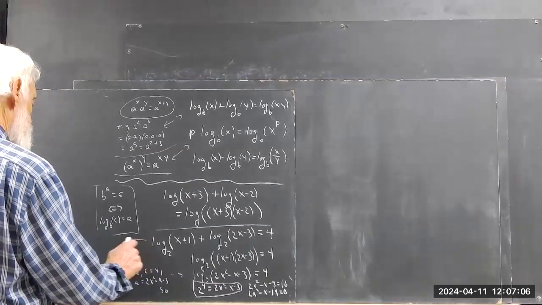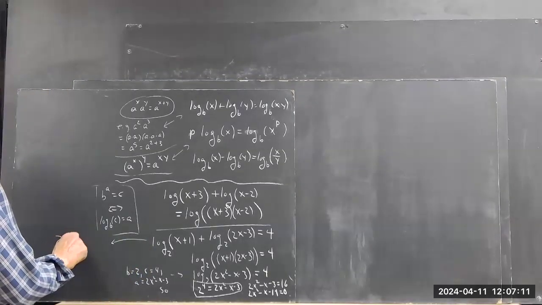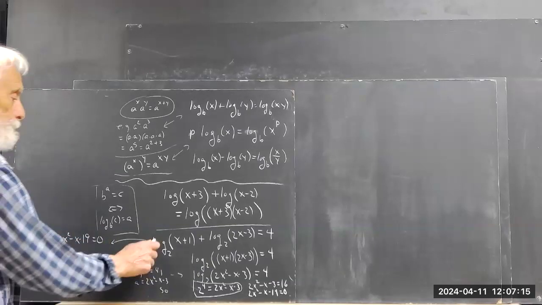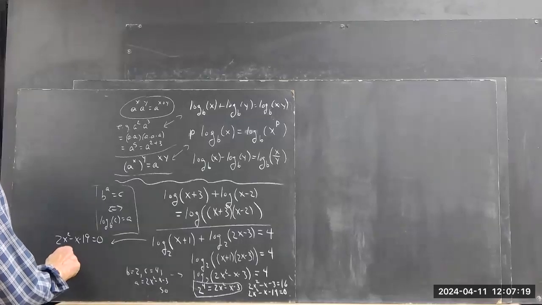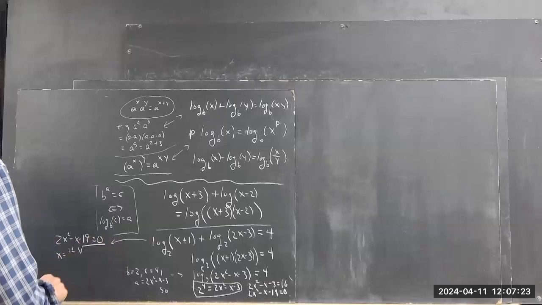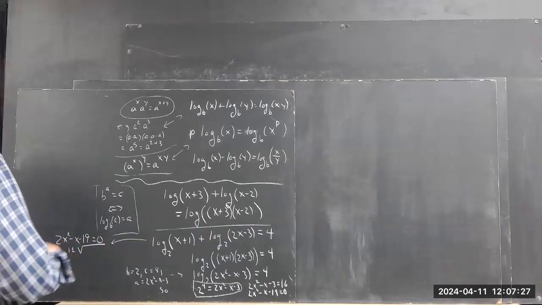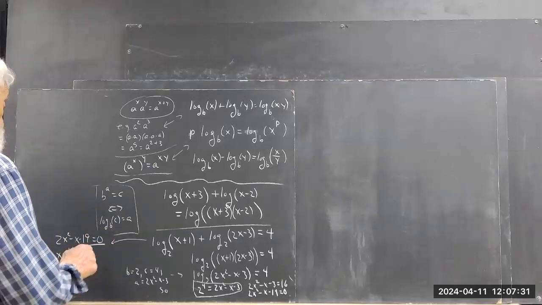So this equation can become 2x squared minus x minus 19 equals 0 by these steps. And you're going to get x equals 1 plus or minus the square root of, let's see, you're going to get 1 squared, you're going to get negative 38, so 4 times that is 152.